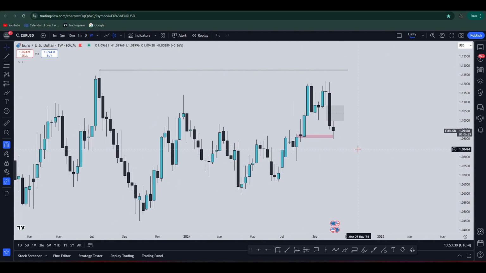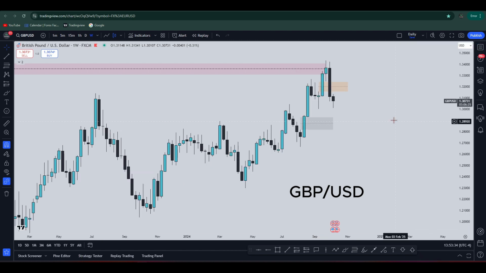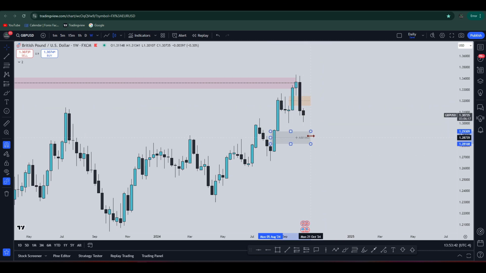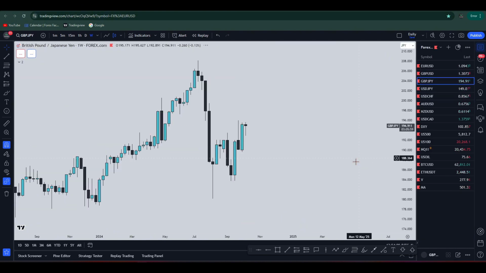I'm undecided on the EURUSD and the GBPUSD. It's pretty much the same thing. We inverted this fair value gap, so we're starting to see bearish price action to the downside. This might be the draw on liquidity. I think it can go lower, at least until this fair value gap. But as I said, a bit unsure.